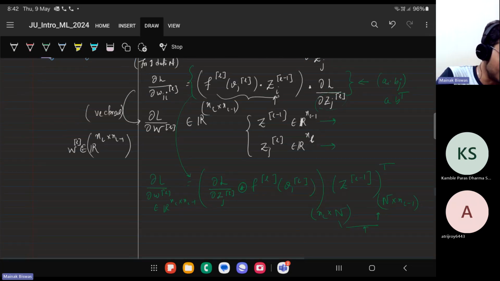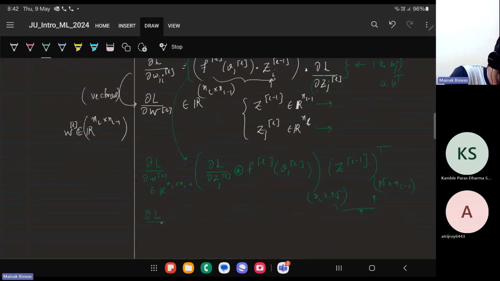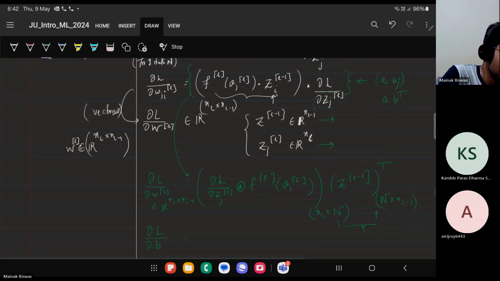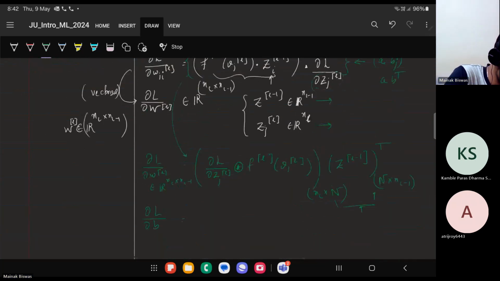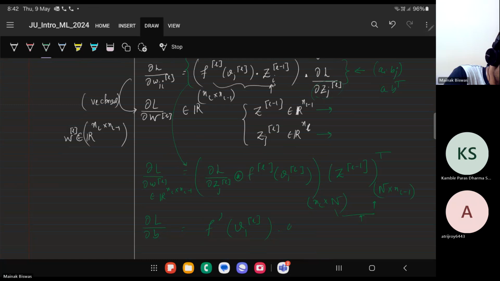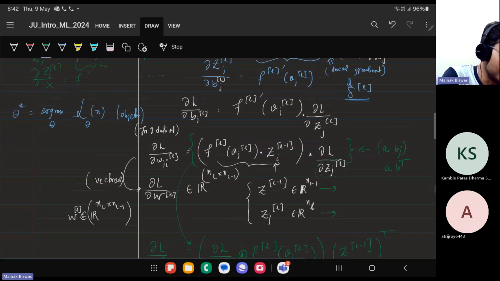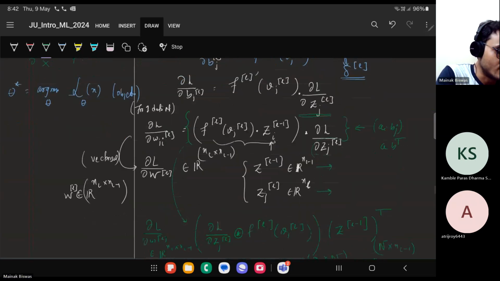Similarly, dL/db will be, just see what I wrote: F'L of Vj of L times dL/dVL, or dZL, correct. This is this dz of L, right?